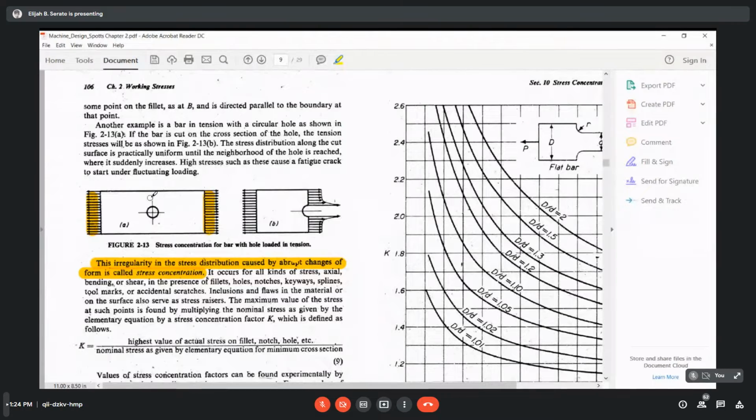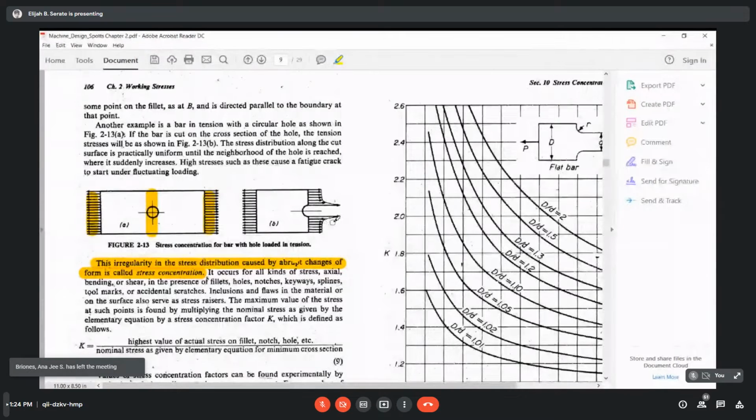However, if we draw a section through the hole, you will notice that there is no material at the hole. So some of the parts which are still holding will carry the stress.